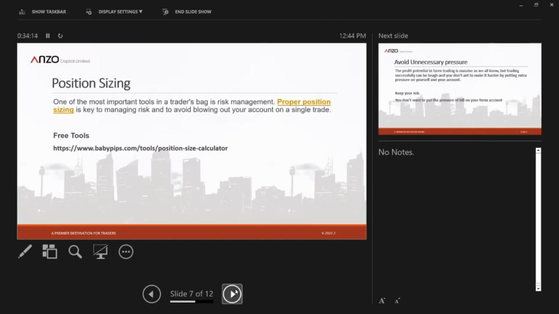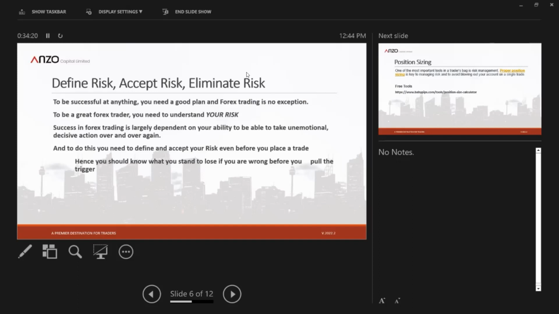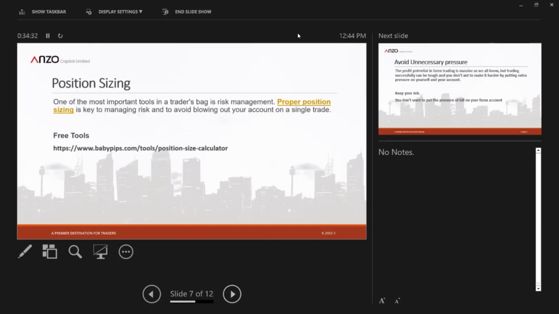Now, position sizing. What's that? Okay, the next point we look at is basically risk to reward ratio. Now, how many of us as traders open our charts?